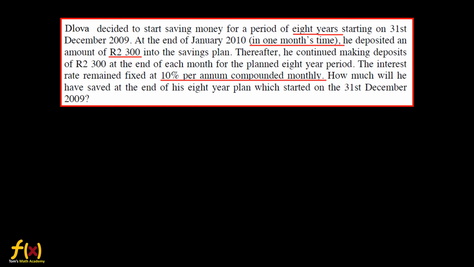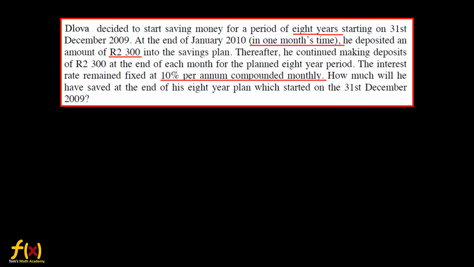Another question. Glover decided to start saving money for a period of 8 years. Underline that. And starting on 31st December 2009, at the end of January, he's paying only in 1 month's time, after 1 month. Very important. No payment immediately.